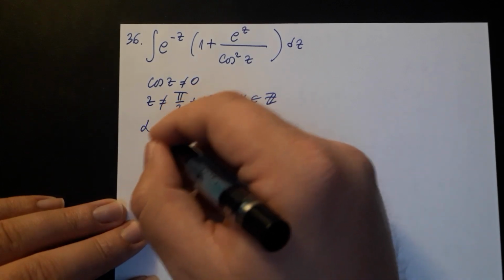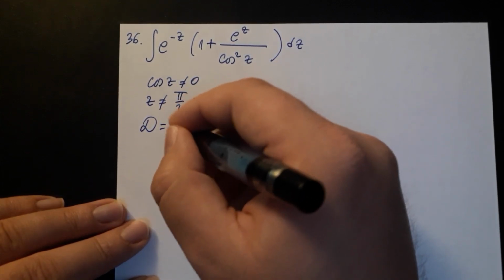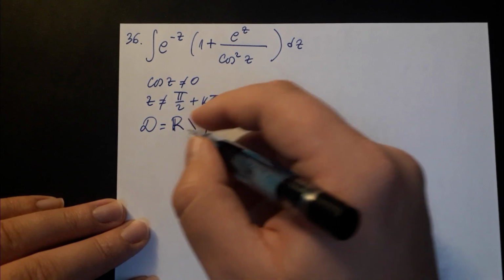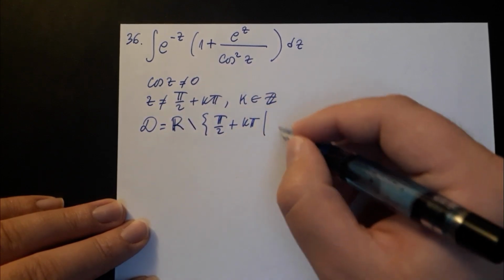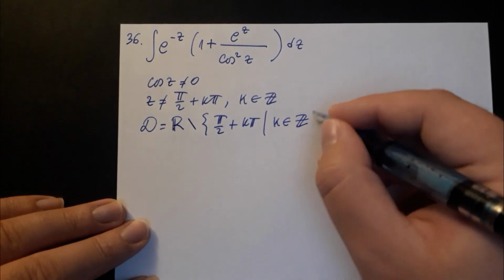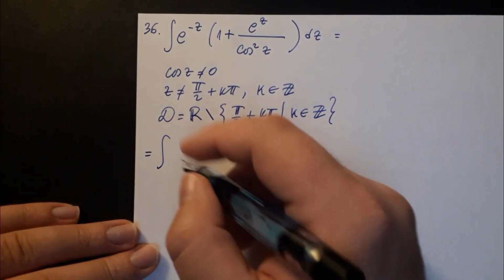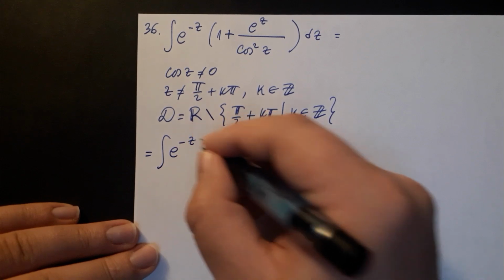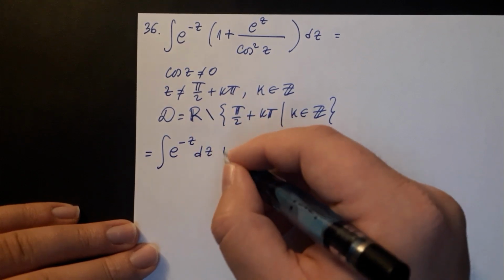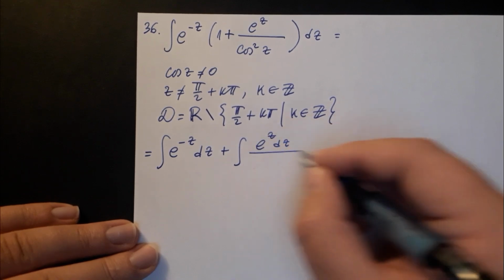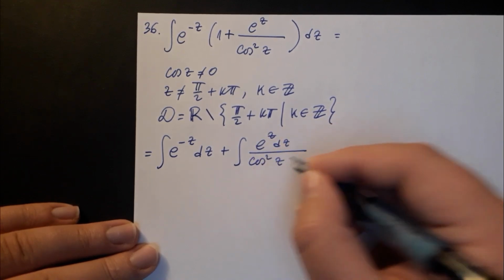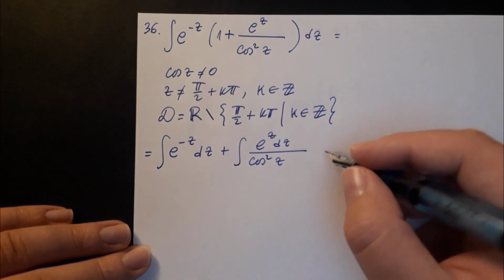So that is going to give us an area in which this integral is defined as the set R without the points pi half plus k pi, where k is an integer. Now our integral becomes an integral of e to the power negative z dz plus an integral of e to the power z dz divided by cosine squared of z.